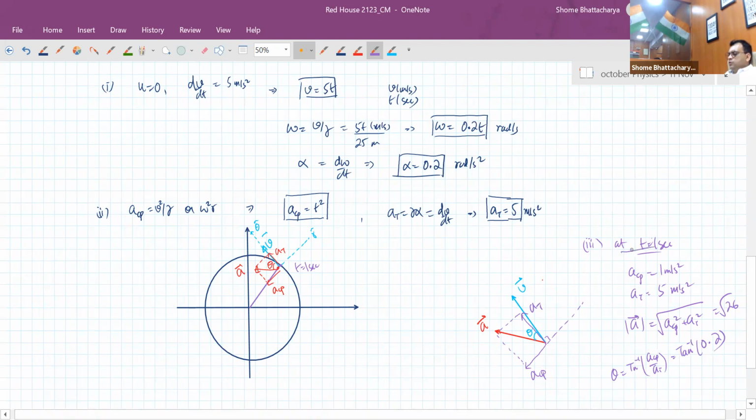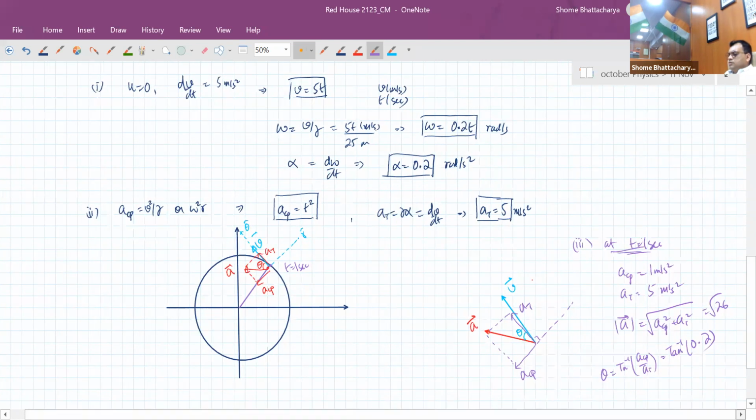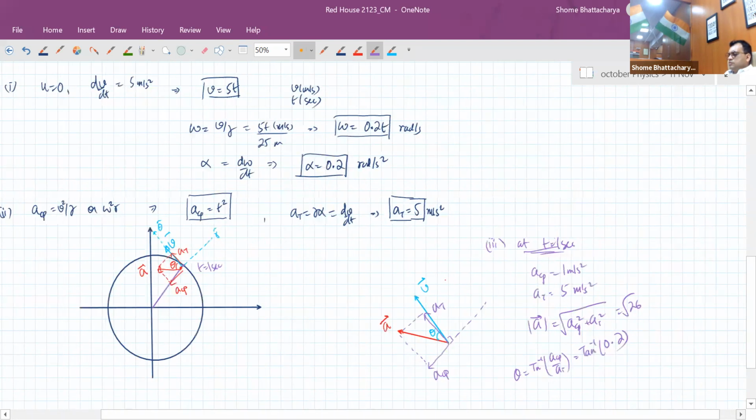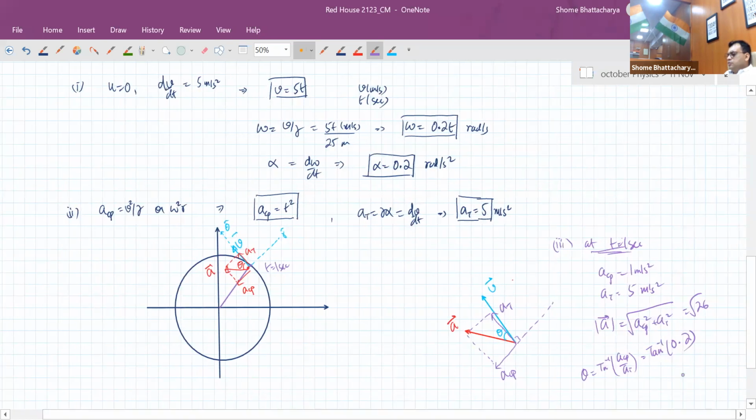Okay, so for t equal to 1 second, the magnitude of the acceleration will be about, we do an approximate calculation, nearly 5.1.